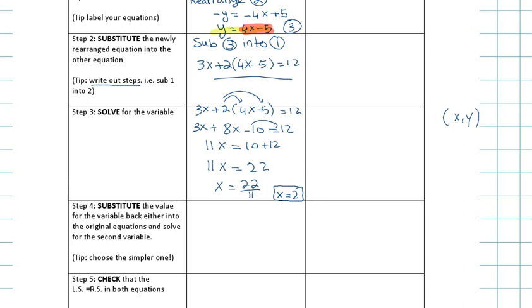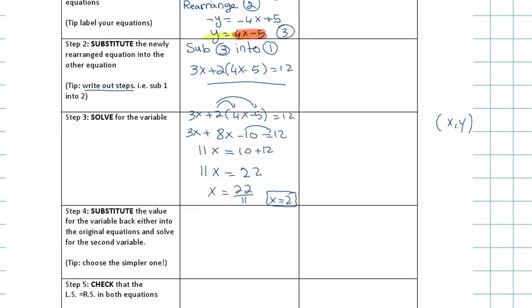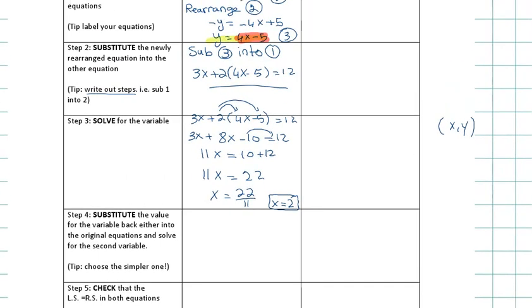Okay? So choose the simpler one. If I plug in x in this one, then 4 times x minus 5 would give me the answer right away.